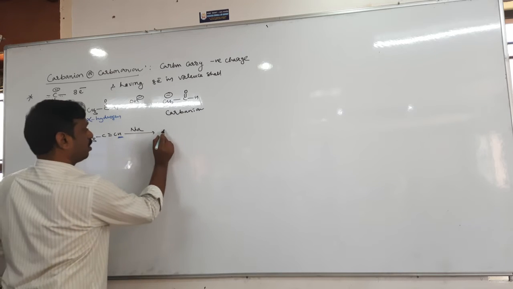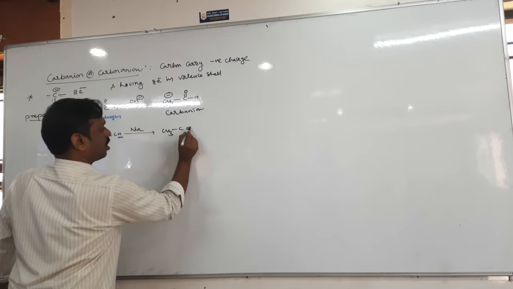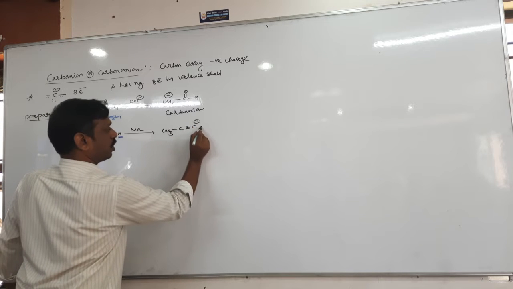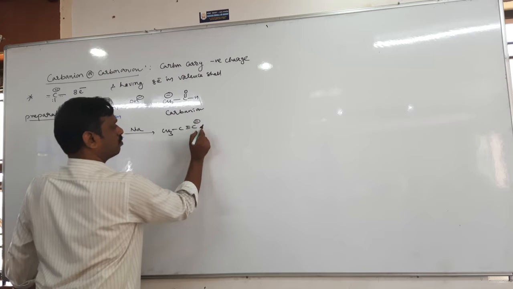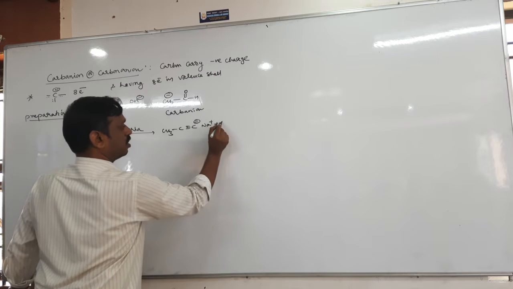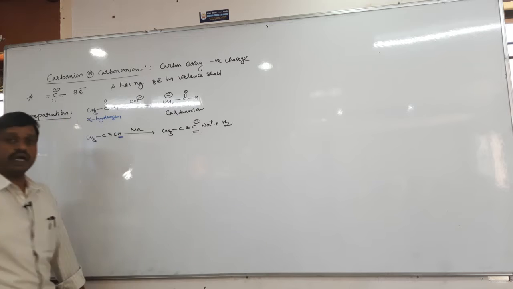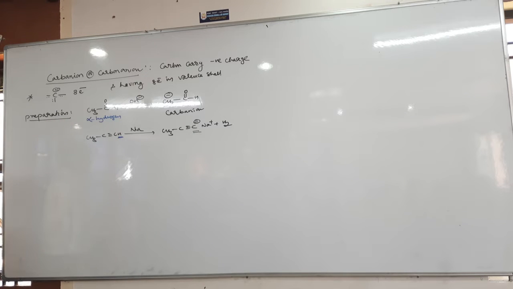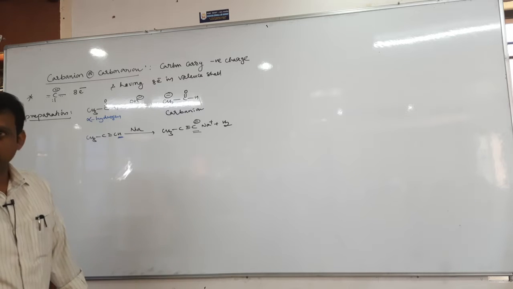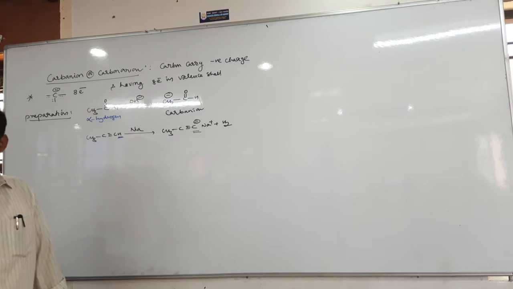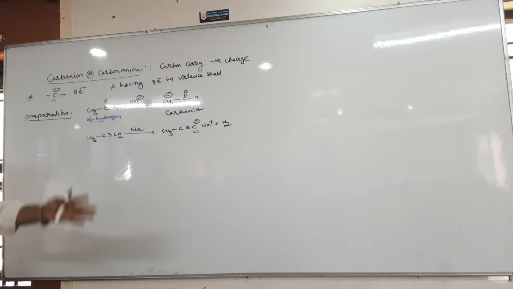Then CH3, C triple bond C becomes negative. Of course there will be a sodium, Na plus comes and hydrogen is liberated. Therefore this is also an anion, carbanion, carbon containing negative charge. So usually the organic compounds which contain acidic hydrogen can form a carbon containing anion. Okay, so that is the preparation of carbanion.